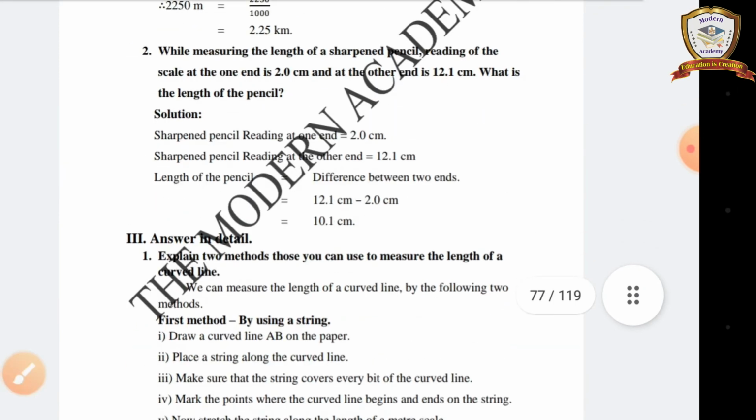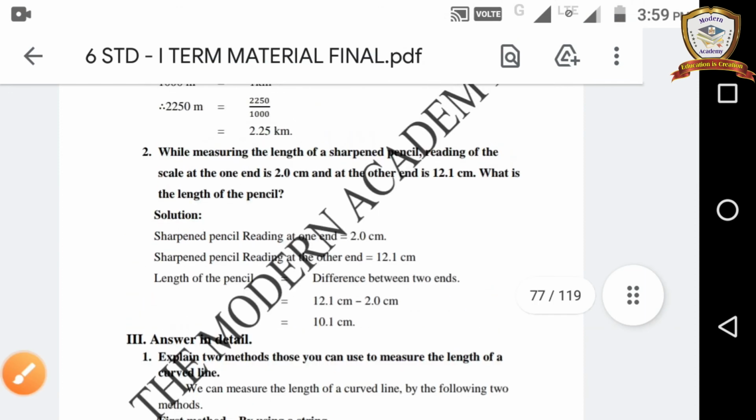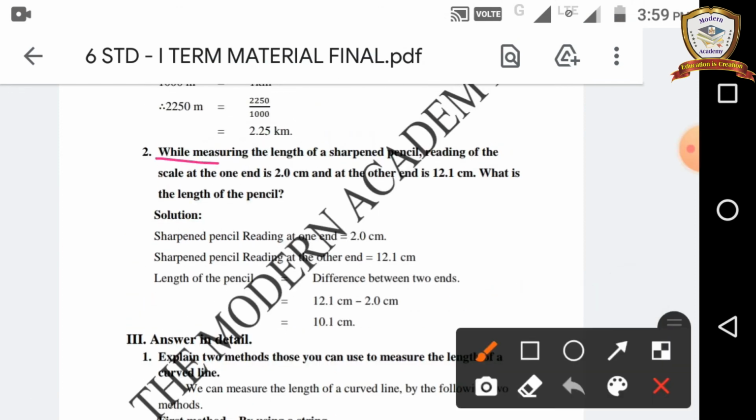The next, question number 2. While measuring the length of a sharpened pencil, reading of the scale at one end is 2.0 centimeter and at the other end is 12.1 centimeter. What is the length of the pencil?